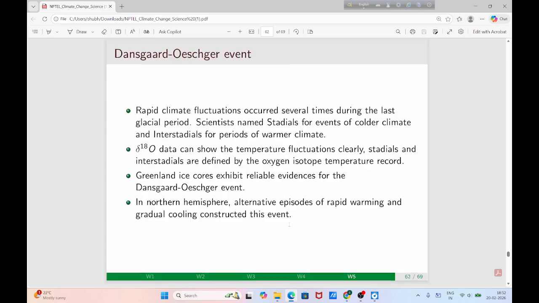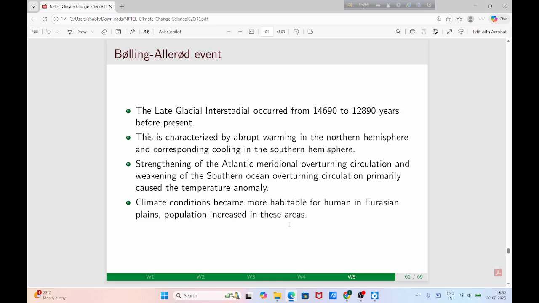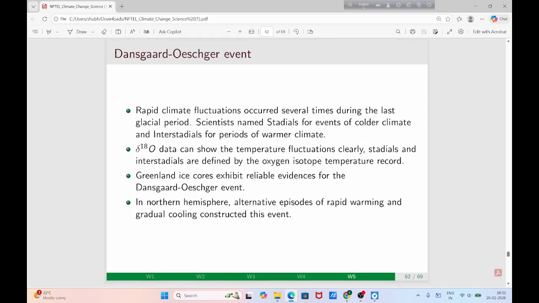Okay, another event. Let's talk about the Dansgaard-Oeschger event. I should have brought a graph here. Anyways, rapid climate fluctuations occurred several times during the last glacial period.